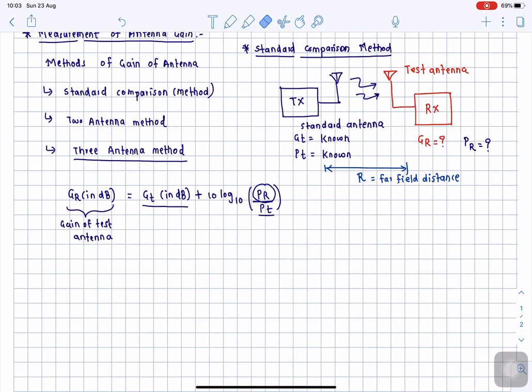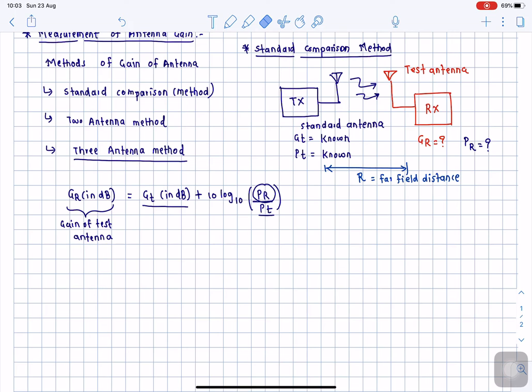So the above equation will become 2 times the gain of the receiving antenna, or we can also write this as 2 times the gain of the transmitting antenna, equal to 20 log to the base 10 of 4 pi r upon lambda plus 10 log to the base 10 of received power divided by transmitted power.